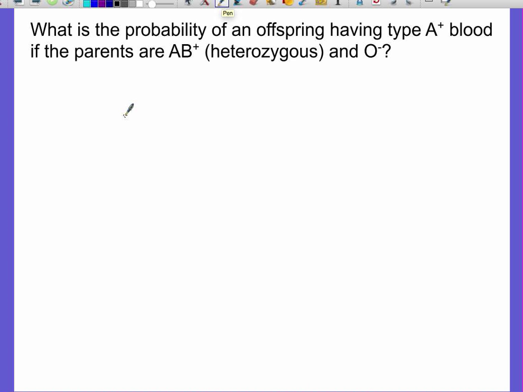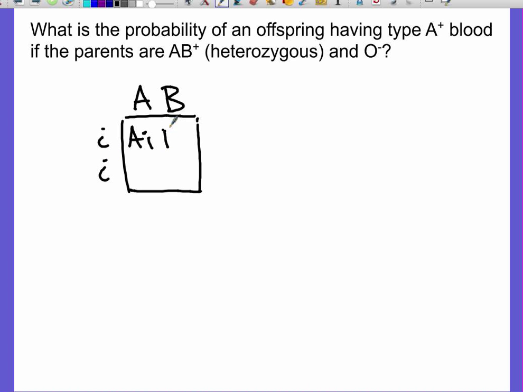The first Punnett square is just going to be for those alleles, for A, B, and O. And so one parent is AB, so they have an A and a B allele. The other parent is type O, so they're going to have those two recessive alleles. And we're using I still instead of O because it's just easier to see that it's lowercase. But then you cross and you get these different possibilities. But you also need to deal with the Rh factor so you can find out what that's going to be.